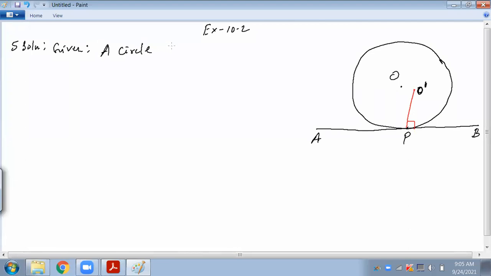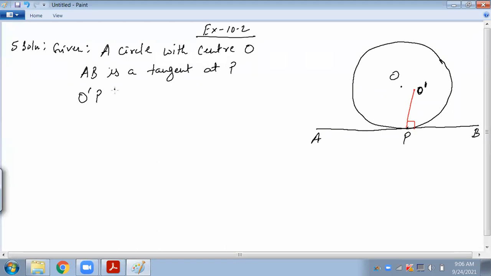So given is a circle with center O, then AB is a tangent at P, and O'P is perpendicular to AB.